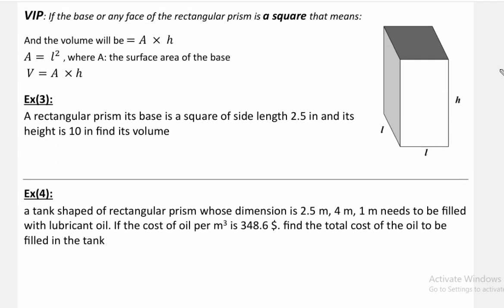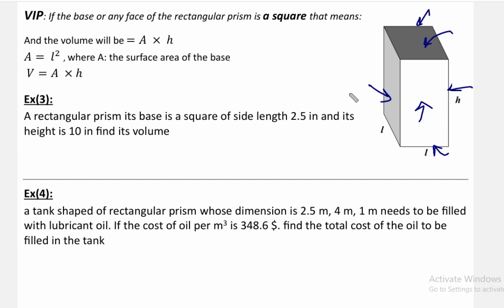Now, if you see this rectangular prism very carefully, you will see 4 rectangles: 2 sides, one front, one behind, and the top and the bottom are squares.